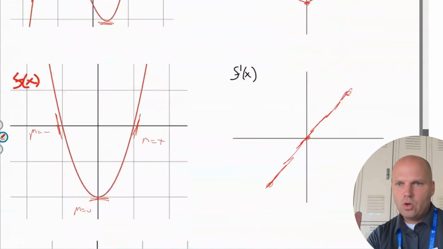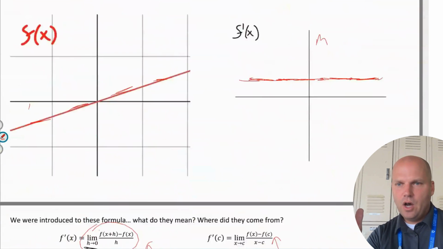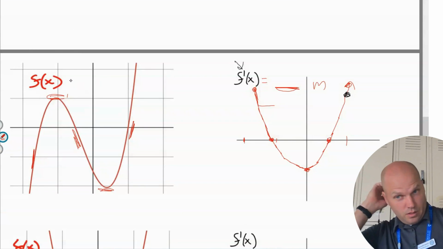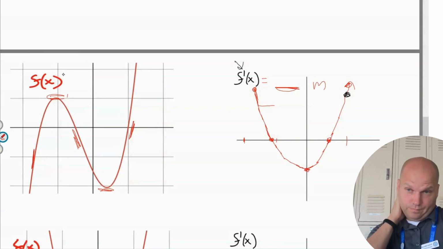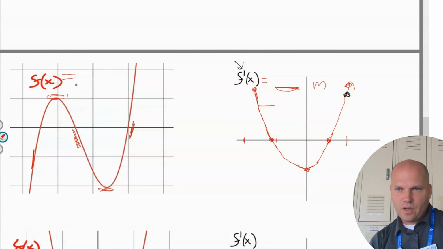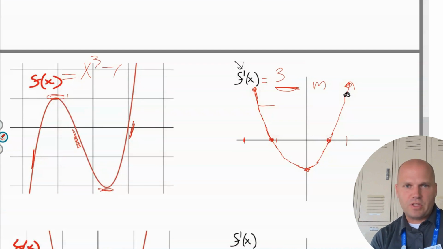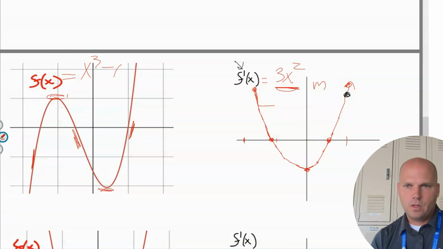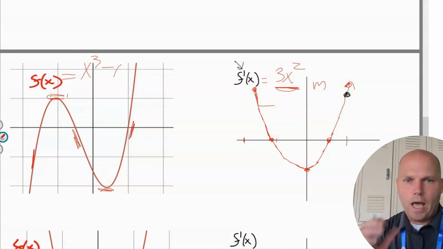If this was the graph of x cubed minus 1, which is not, but let's say it is, this equation would be the graph of 3x squared. This is very much what we did in class. You don't have to find it, but you've got to know how to use it.